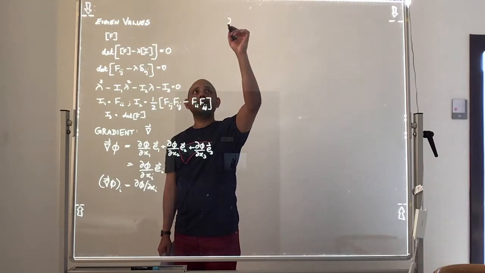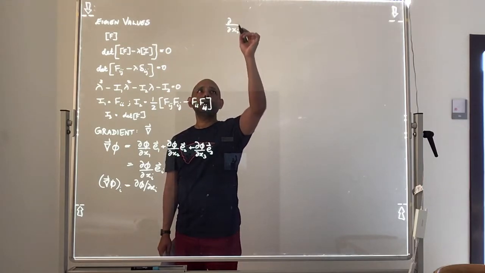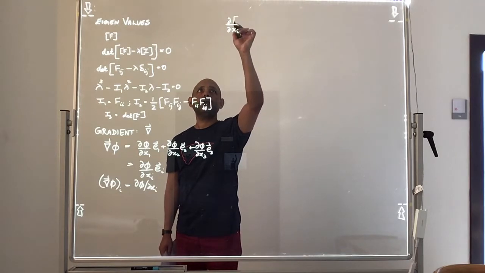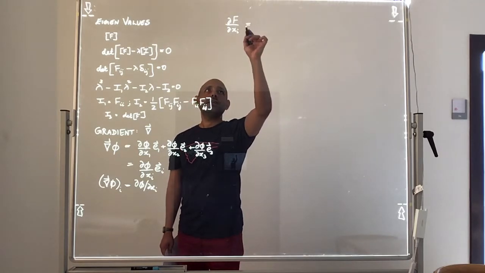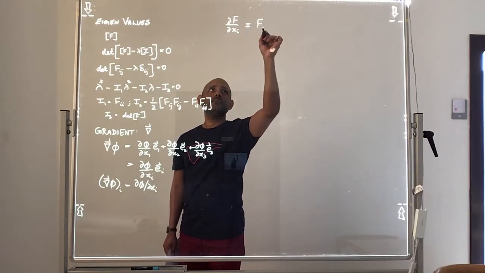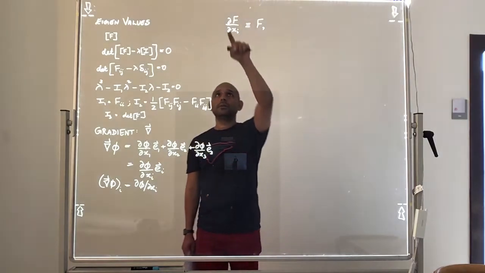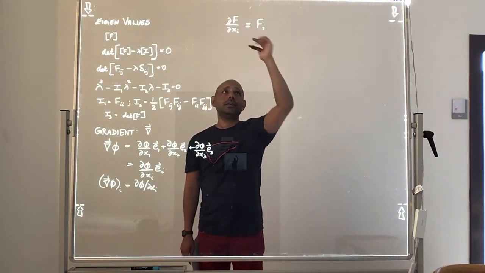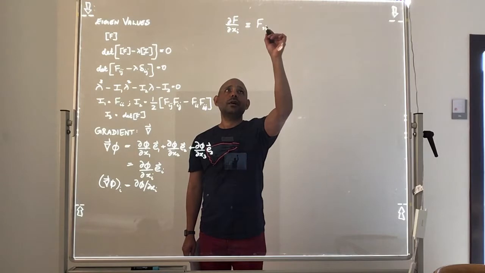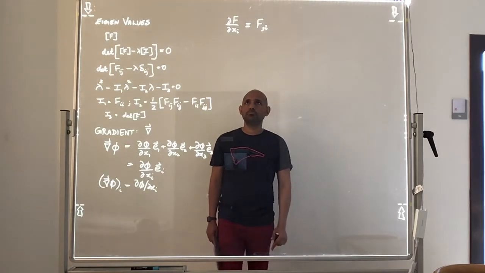This is another notation: d by dxi of anything, let's say f, you can write as f, and you put a comma, and that comma represents d by dx, and then you put an i, which says it's with respect to xi.